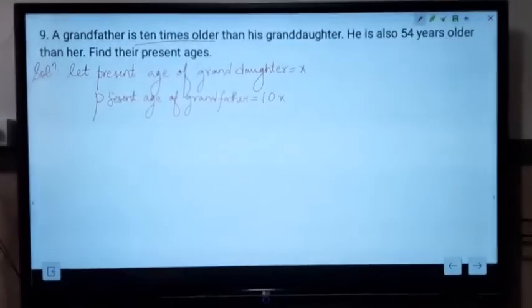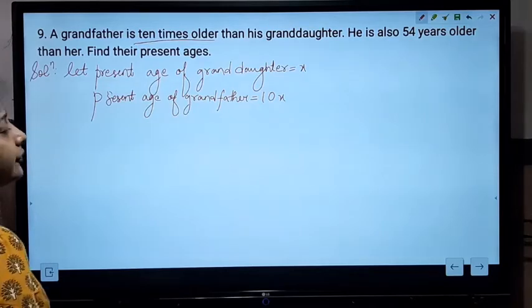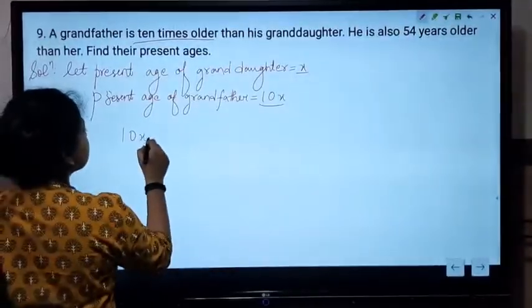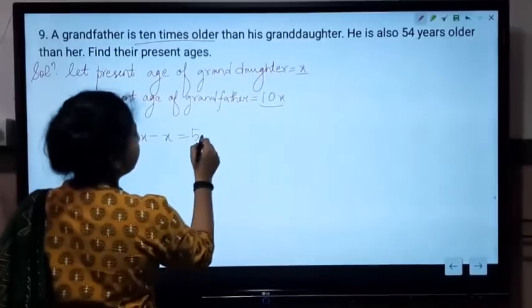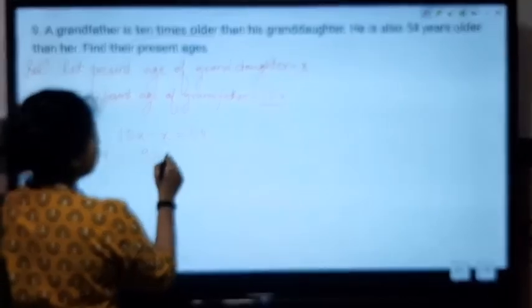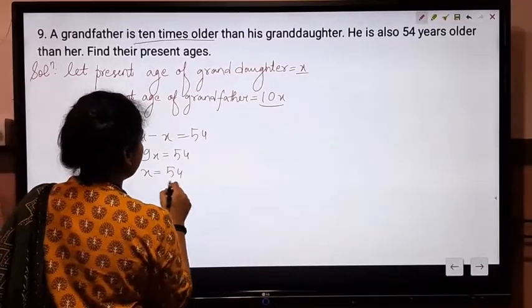The question tells you that grandfather is 54 years older than her. That means the age difference is 54. So difference of their ages, 10x minus x is 54. We can solve this. 10x minus x gives us 9x equals to 54 and x will be 54 by 9.